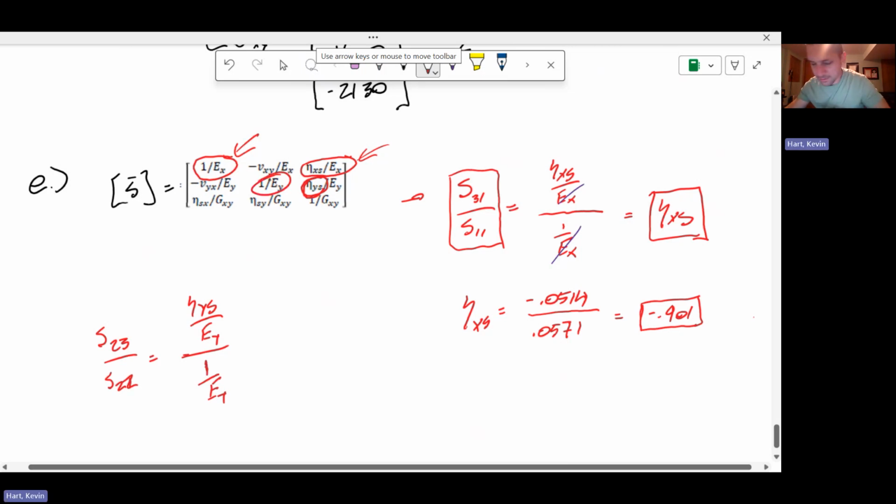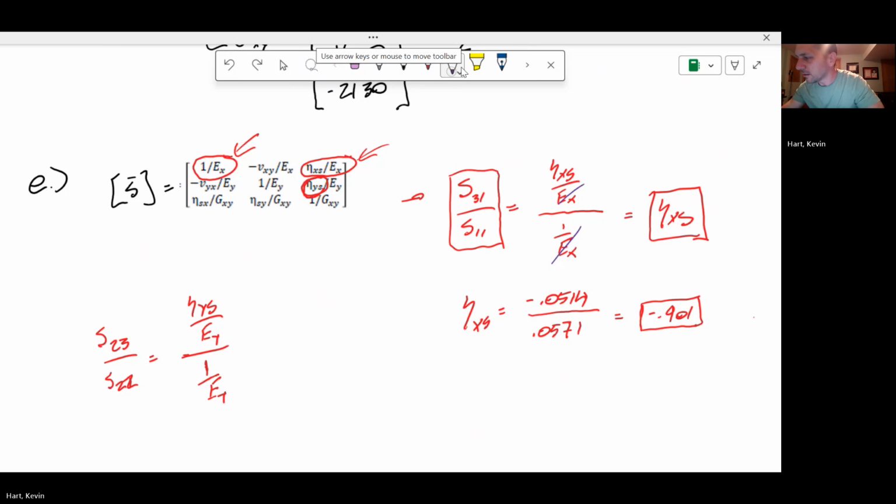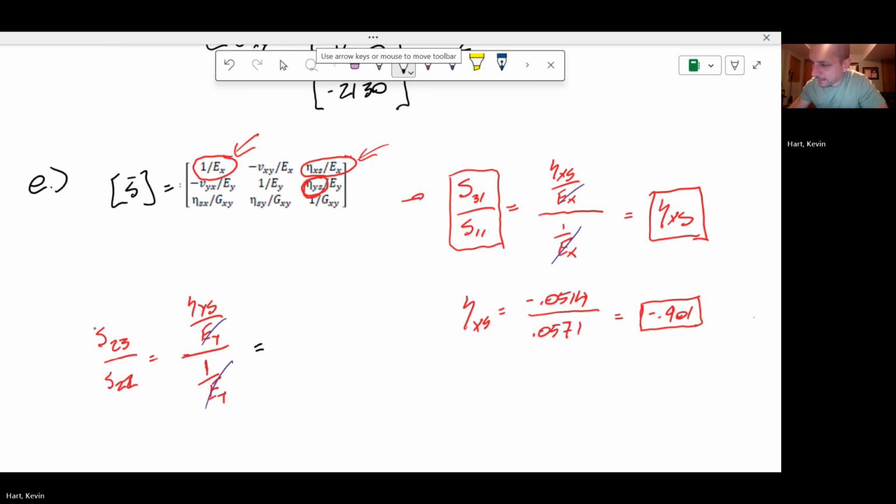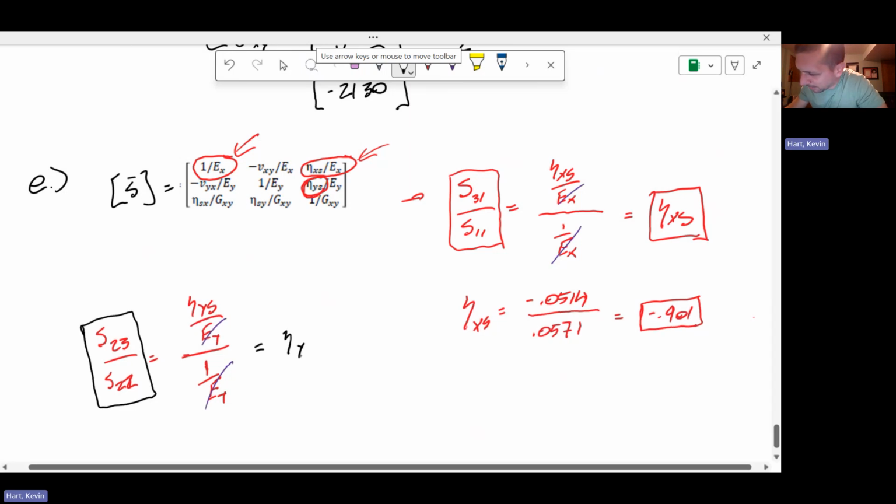That's what they are according to these equations. So we get, all right, the EYs will cancel each other, and you're just left with S23 on S22 is equal to eta YS, which is what you're looking for, right?